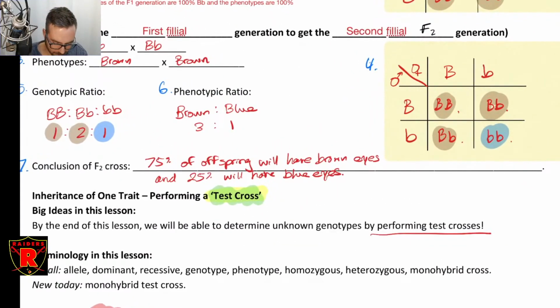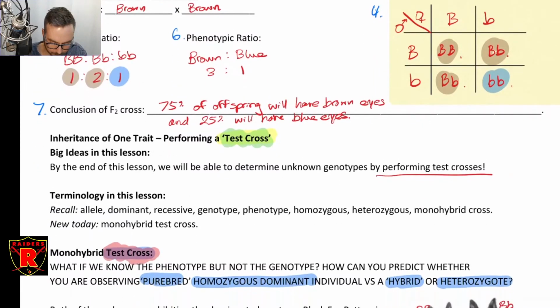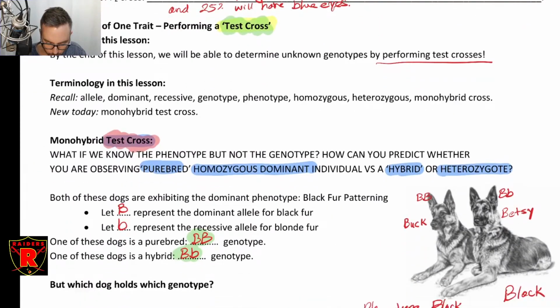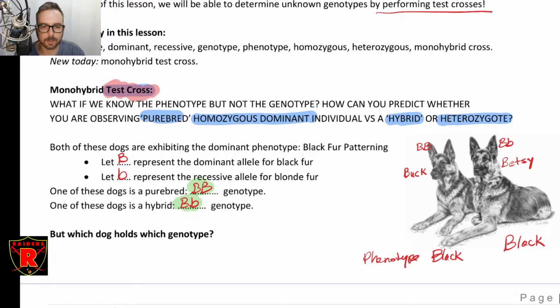Now I want to talk about a problem that comes up all the time for breeders. And that is, do I have a purebred? That is an important question you have to ask, because if you want to use an animal for breeding purposes, you have to know that every time you use it, it's only going to give specific alleles to the babies. Now, you don't care about every single allele in the entire genome. You only care about the characteristic alleles.